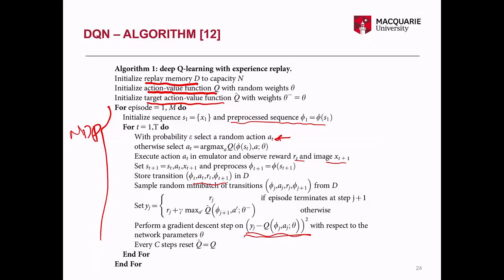And that's it. That's the entire algorithm. And that actually solved a very serious problem in deep reinforcement learning. So you can say that DQN is actually reinforcement learning plus the power of supervised learning.